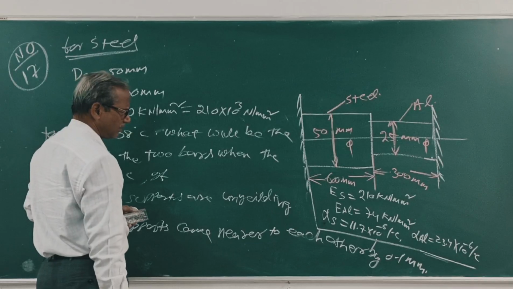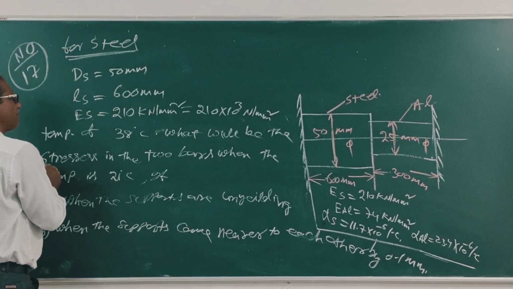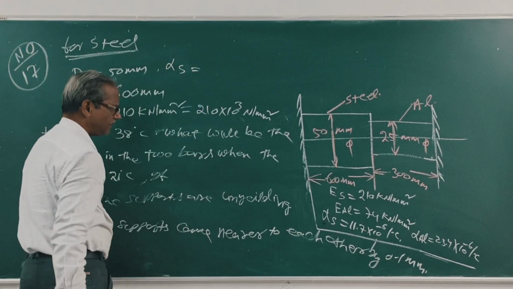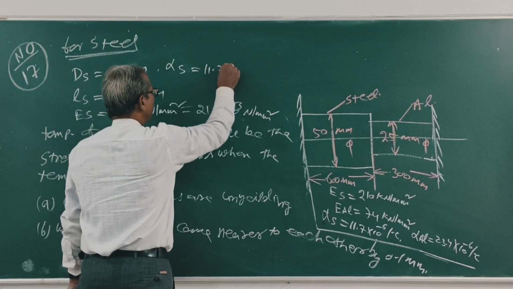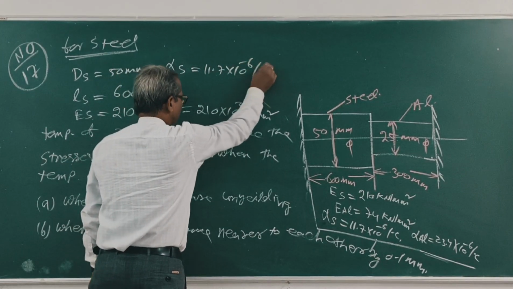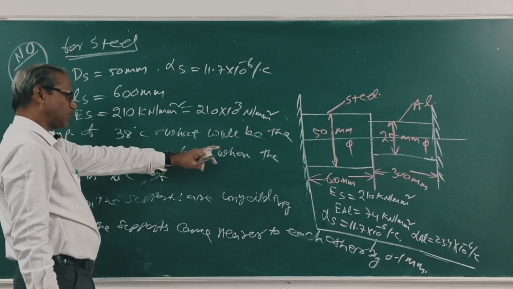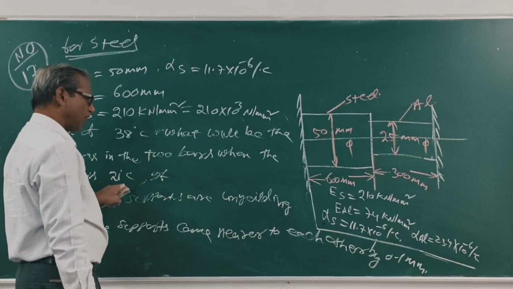Alpha S, coefficient of linear expansion for steel. Alpha S is equal to 11.7 into 10 to minus 6 per degree centigrade. The temperature falls from 30 degrees centigrade to 21 degrees centigrade.